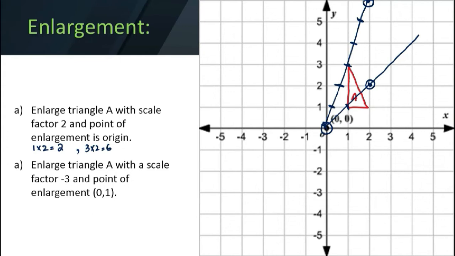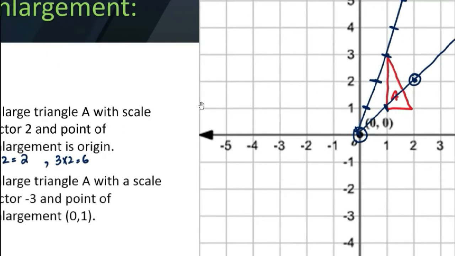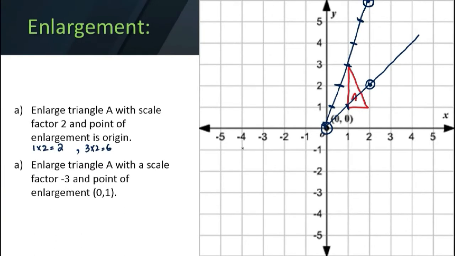Now we will join the third vertex with the point of enlargement and extend the line on the same side. Now we will check the distance of this object from the point of enlargement. As we have 1 and 2 boxes, 2 multiplied by 2 is 4.